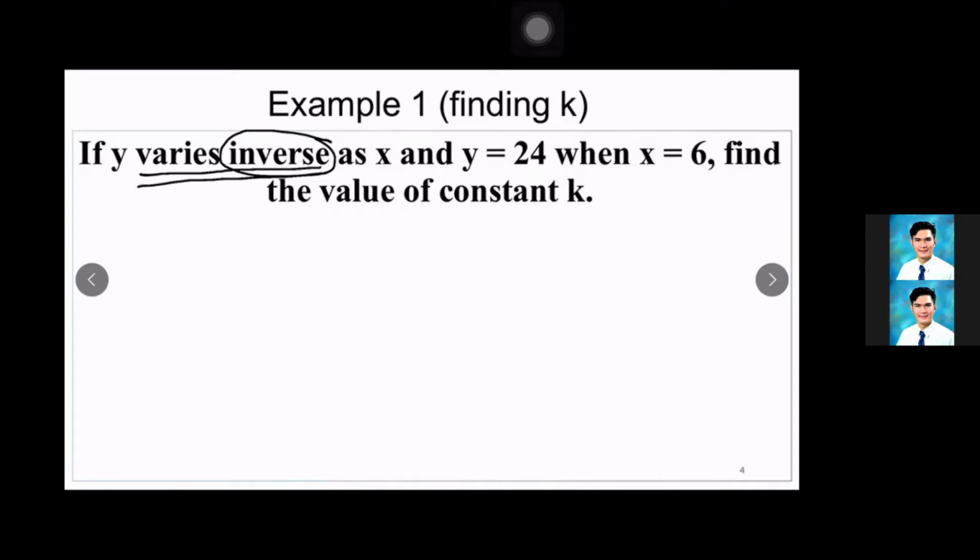Since this is an inverse variation word problem, let us now identify k. Just like in our previous video on direct variation, the process in identifying k is the same as direct variation. First, we need to identify the given, followed by identifying the formula. Afterwards, the given x value and y value will be substituted in our formula.